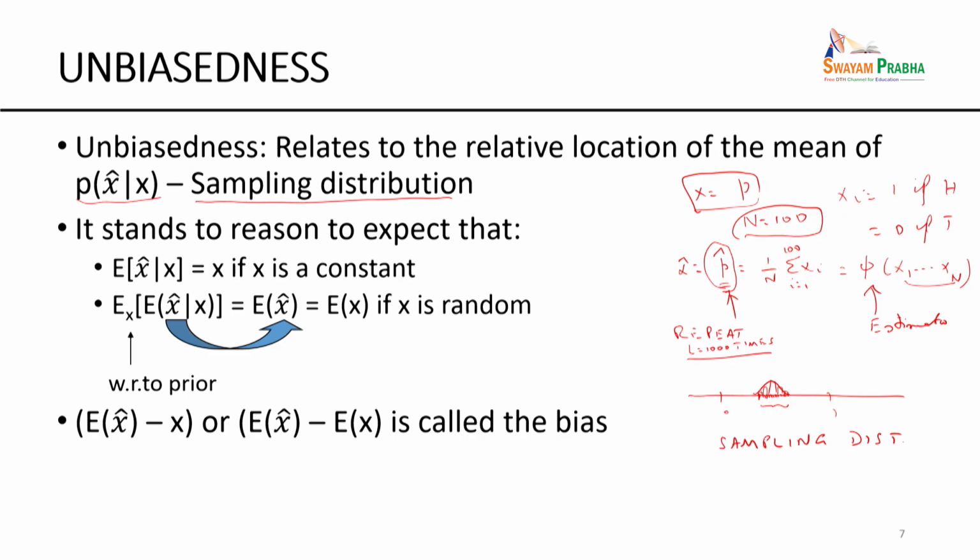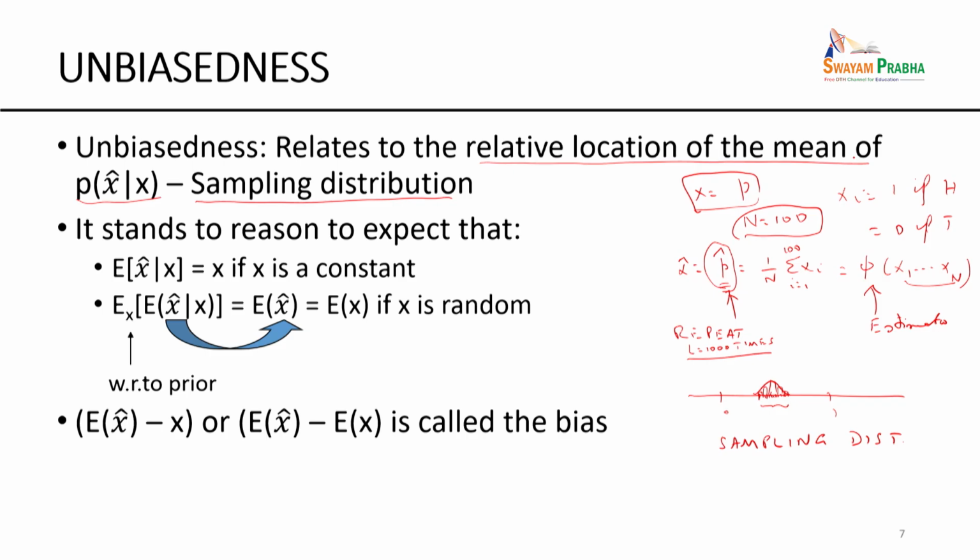So what is unbiasedness? This sampling distribution is a probability distribution. If there is a probability distribution, it has a mean, it has a variance. The mean of the sampling distribution relates to the location, and the variance of that relates to the spread. So unbiasedness relates to the relative location of the mean of the sampling distribution.